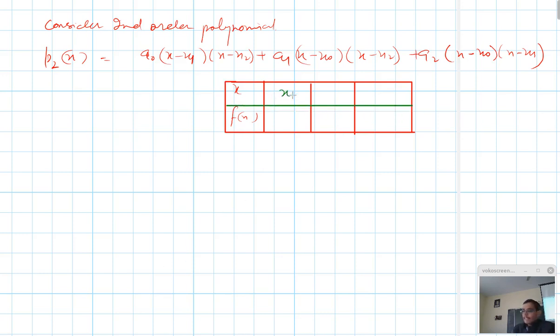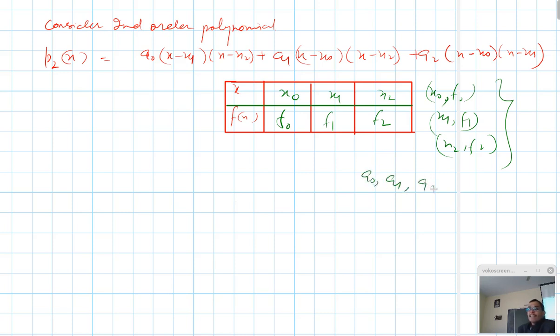It is x0, x1, x2, and corresponding to it is f0, f1 and f of 2. This is given to me. Means the points which are given to me are x0, f0, x1, f1 and x2, f2. These are the data points I am having, right? So what is my objective? My objective is to find out the value of a0, a1 and a2.